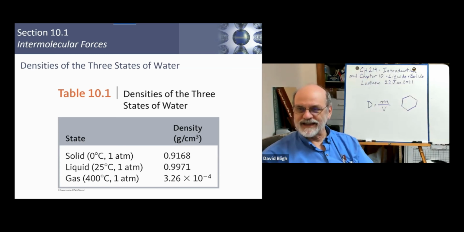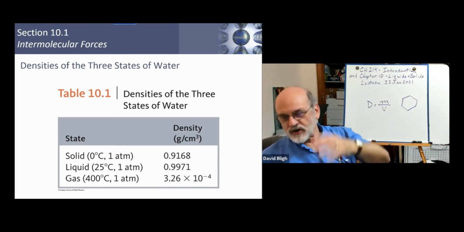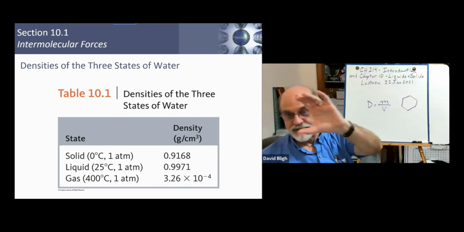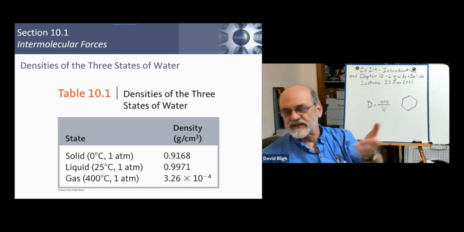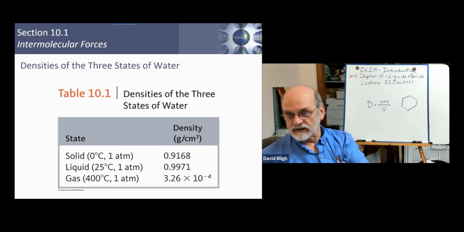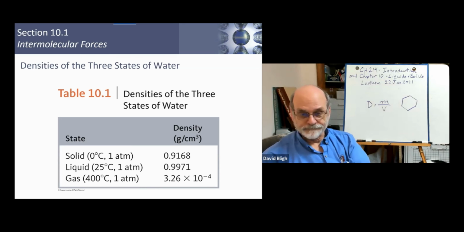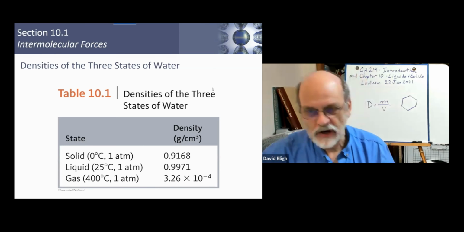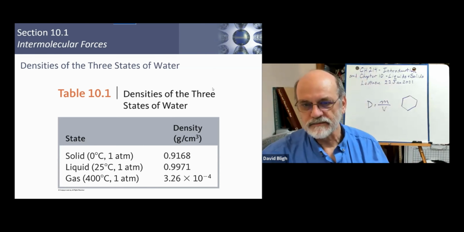So it's a good thing that this happens. You get a crust of solid water, ice, on top, which insulates the water below. So any animals living in the water, all they have to do is go a little deeper, and it gets warmer, actually. So that's neither here nor there for chemistry's purposes.